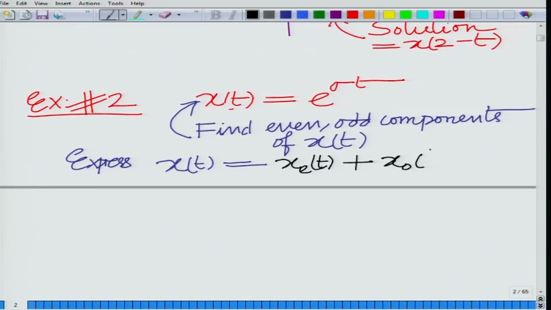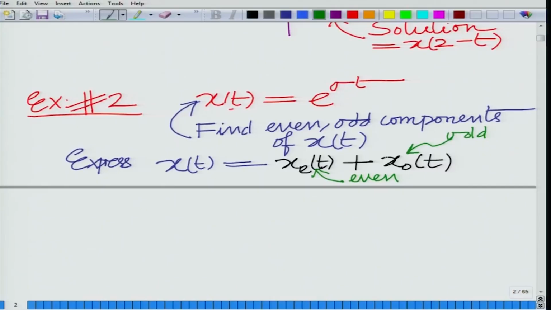So this is an even signal, this is an odd signal, and this is an even signal. We are required to express x of t as a sum of an even and odd signal, that is, find the even and odd components of the signal x of t.